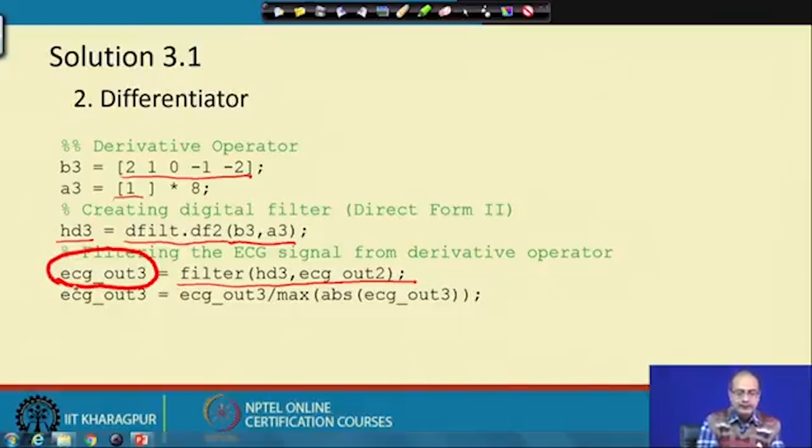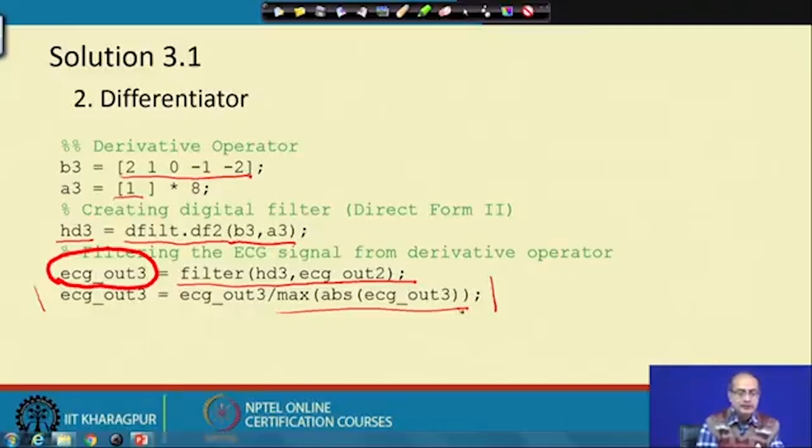Okay. And after that we are doing the normalization, and please note that normalization here is only dividing by the maximum absolute value of the output. Again, we are skipping that part, we are not subtracting the mean.